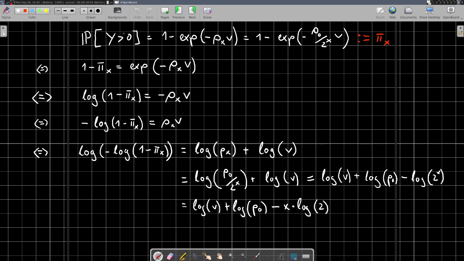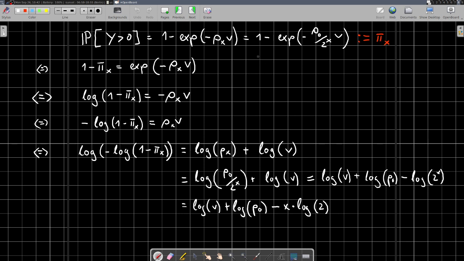So when we take that expression from the previous page for the probability that we observe at least one organism, and we plug those values in here, let's call that quantity pi x.